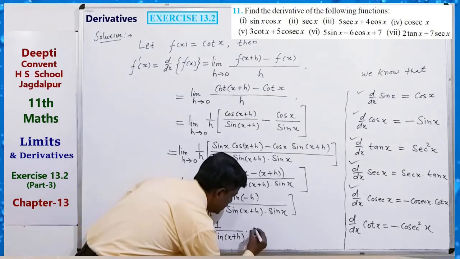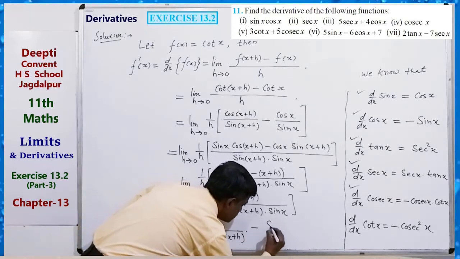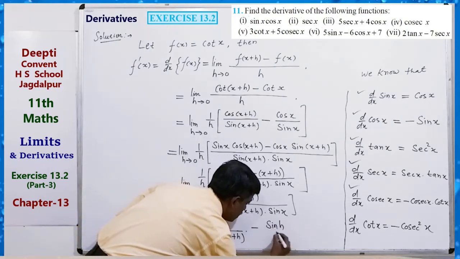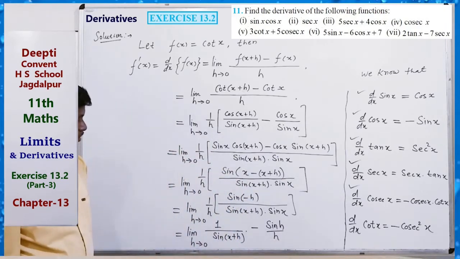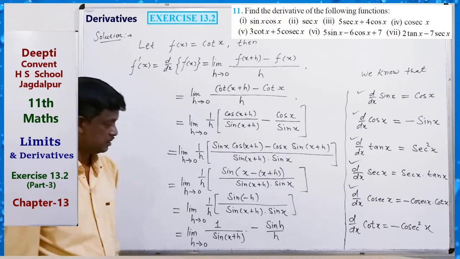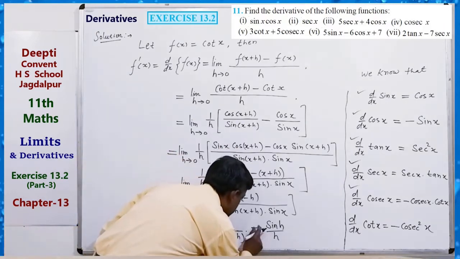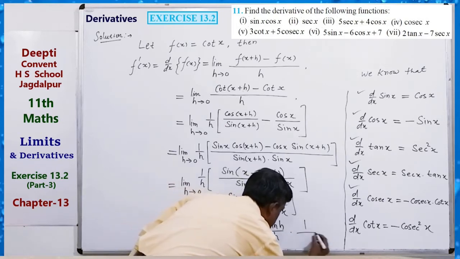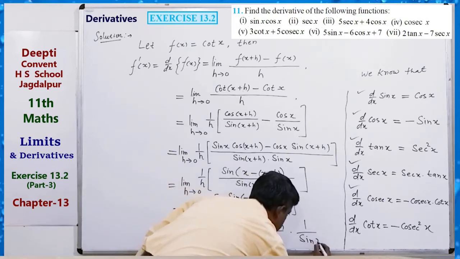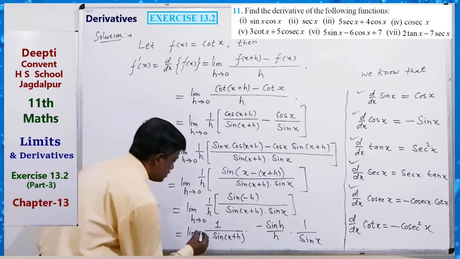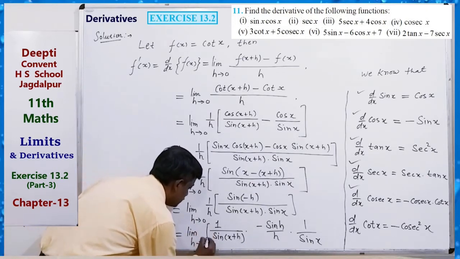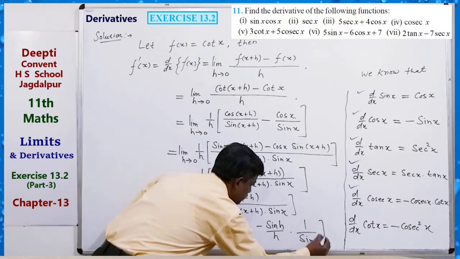So minus sin h upon h. We can write minus sin h upon h, and also 1 upon sin x. Okay, there are three parts up to this.